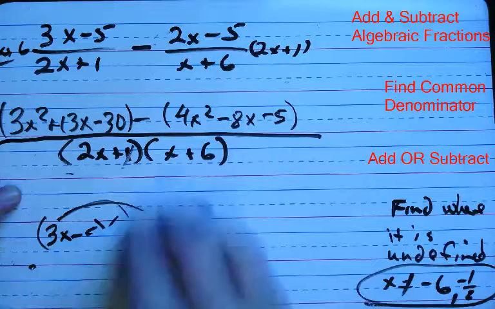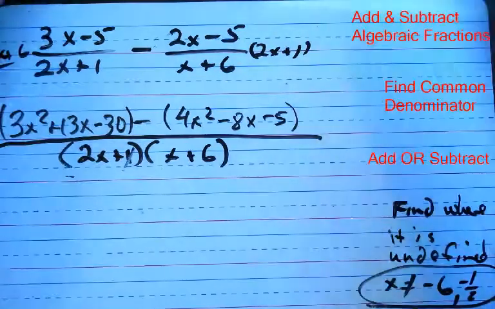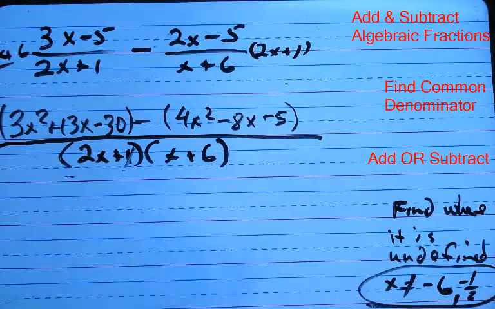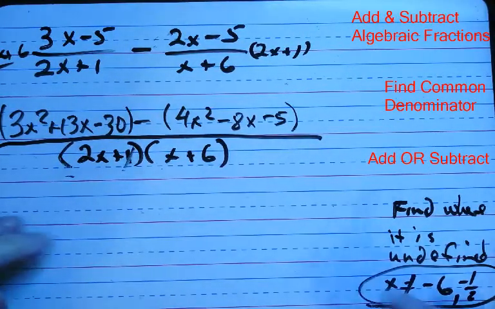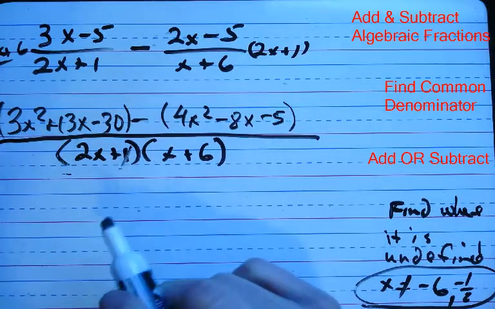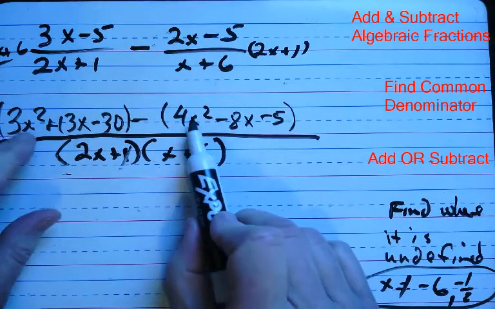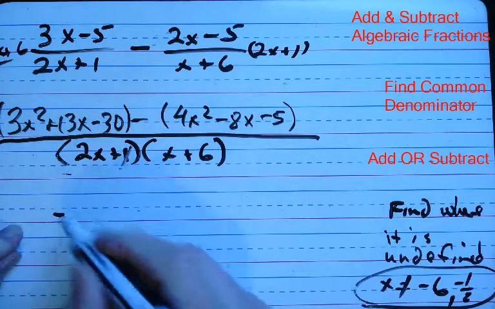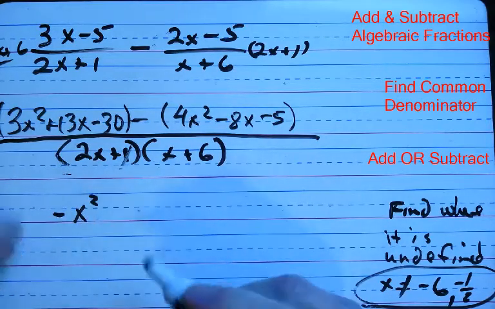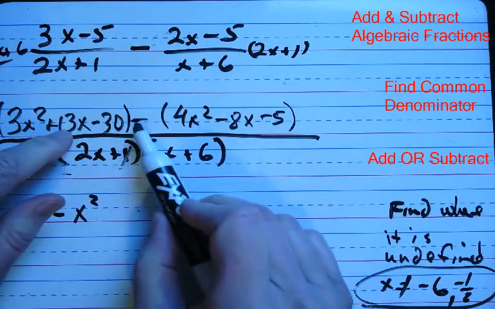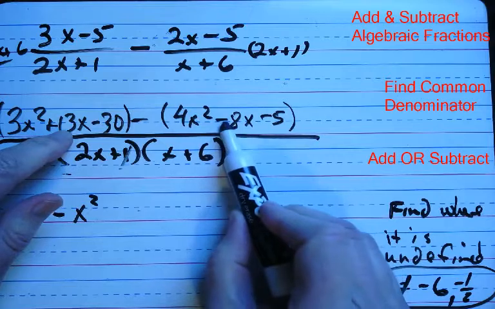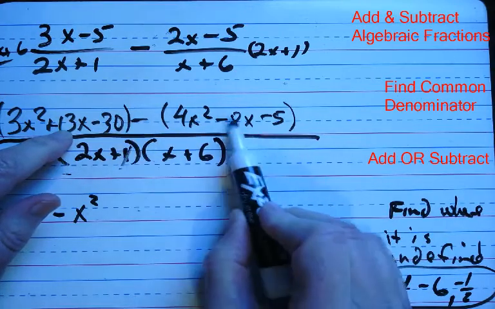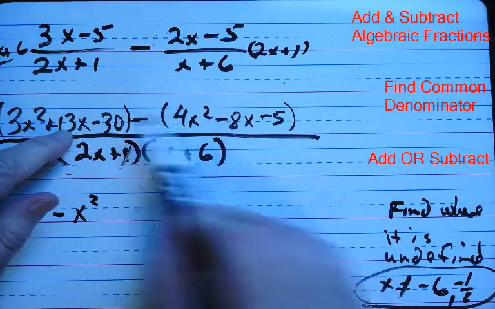Are we done? No, not till we combine like terms is what we have to do. So I can get these two together. 3 minus 4. That's negative x squared. 13 minus 8, minus. Alright? That really means plus.